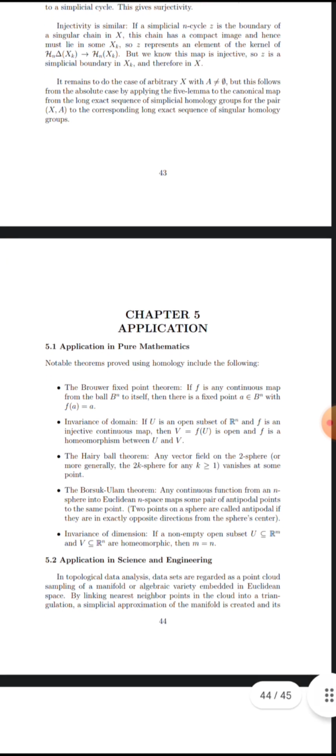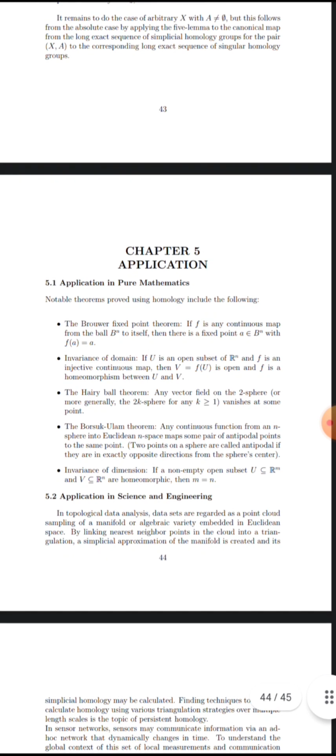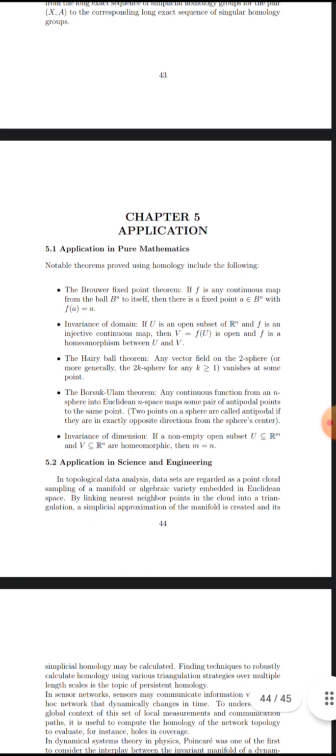Next, invariance of domain: if U is an open subset of R raised to n and f is an injective continuous map, then V is equal to f of U is open and f is a homeomorphism between U and V. The hairy ball theorem: any vector field on the two sphere vanishes at some point.